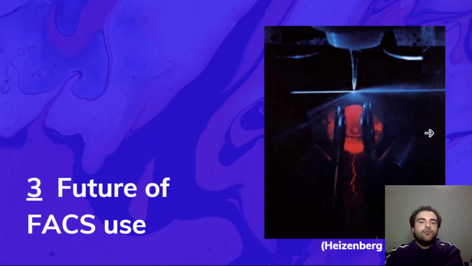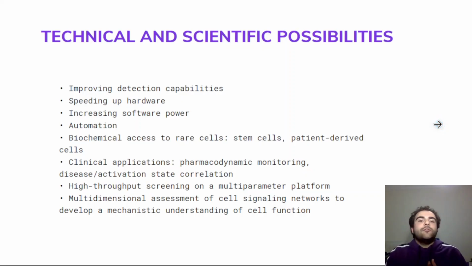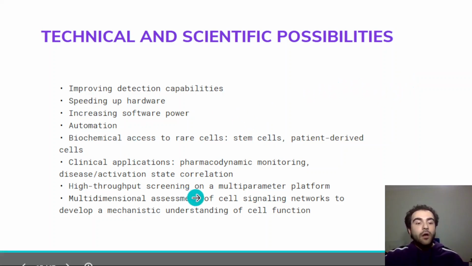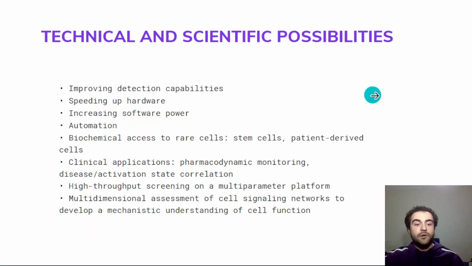And as the last part of my presentation, I want to talk about the future use of FACS. I made a list of possibilities in technical and scientific uses of FACS, which are improving detection capabilities, speeding up hardware and automation, or clinical applications such as pharmacodynamic monitoring or disease activation state correlation, and also multi-dimensional assessments of cell signaling networks can be further researched.